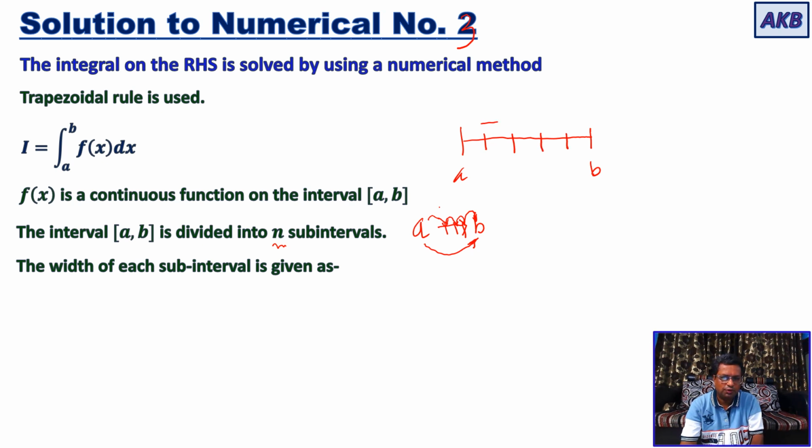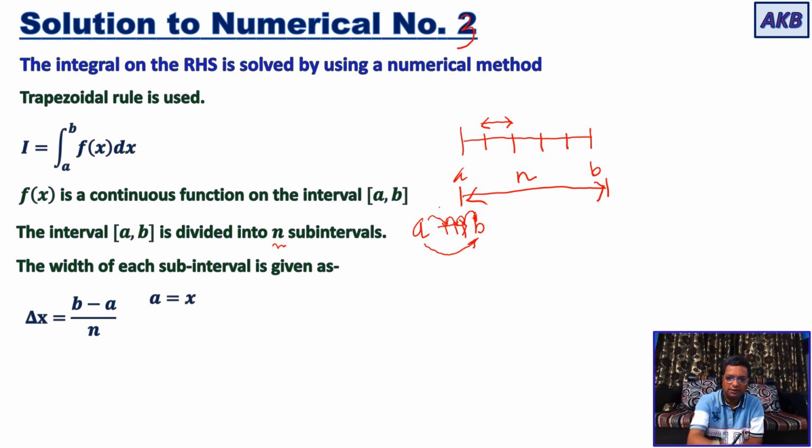And now we are talking about the length of each subinterval. If you are dividing b minus a, this particular interval, into n subintervals, then how do you get the width of each subinterval? It will be simply b minus a upon n. Let us denote it as delta x. So delta x is equal to b minus a upon n.